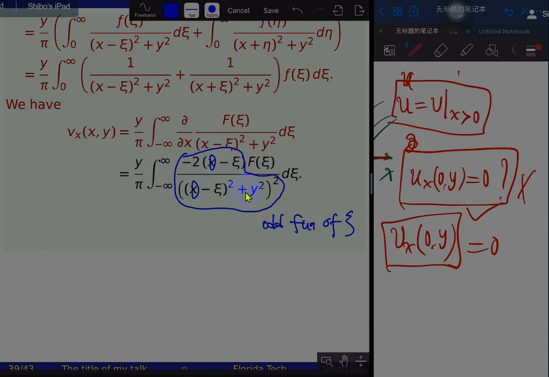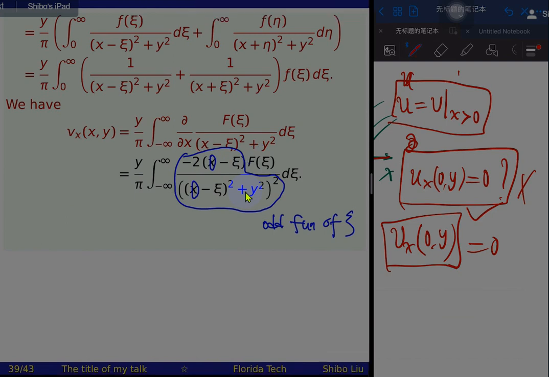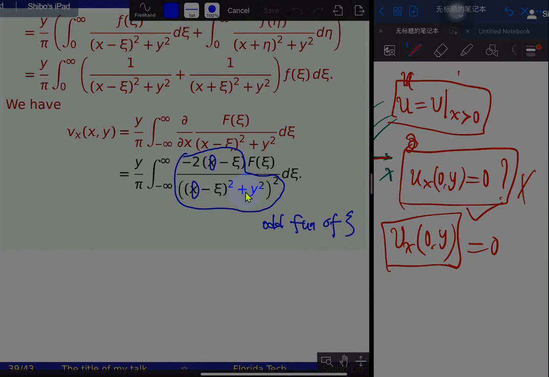And capital F of xi is even. Therefore, the total integrand is odd. An even function times an odd function is odd. So an odd function integrated from minus infinity to infinity gives you 0, right?